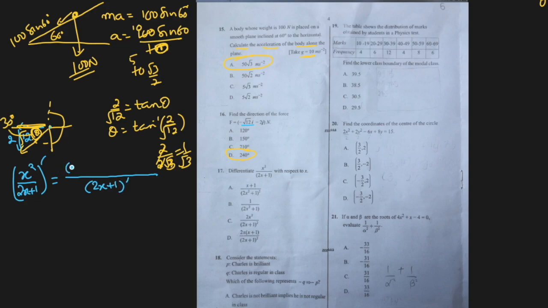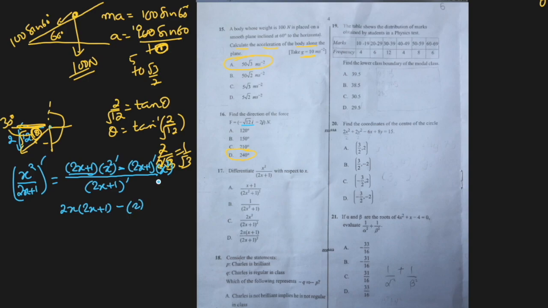Then we write the same denominator, but we differentiate the numerator, which was x squared, minus. Now we differentiate the denominator, but we do not differentiate the numerator. Differentiation of x squared is 2x, so it becomes 2x plus 1 times 2x.